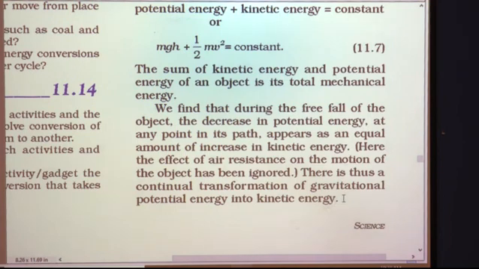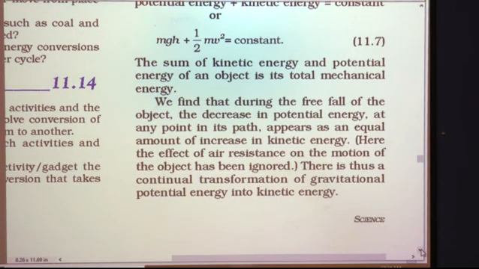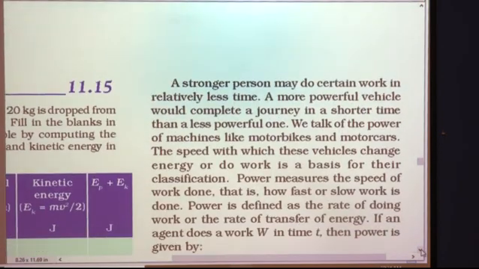We have discussed in our previous session that gravitational potential energy is the potential energy of an object which is present at a certain height, against gravity. When the object starts falling down, this gravitational potential energy converts into kinetic energy. So, there is a continual transformation of gravitational potential energy into kinetic energy.